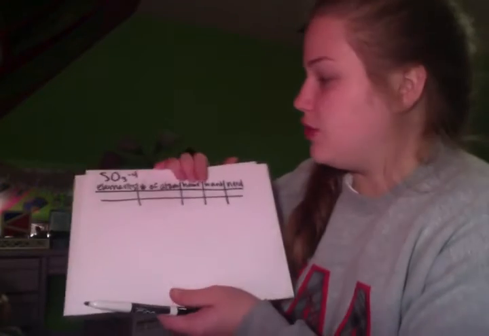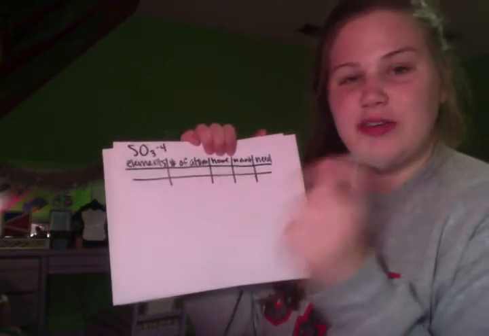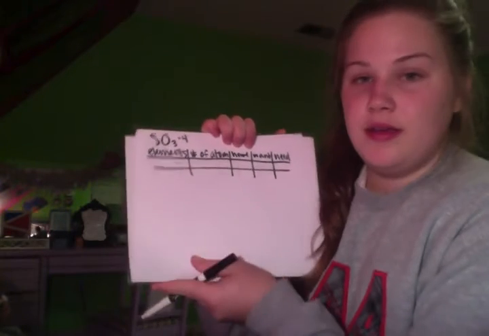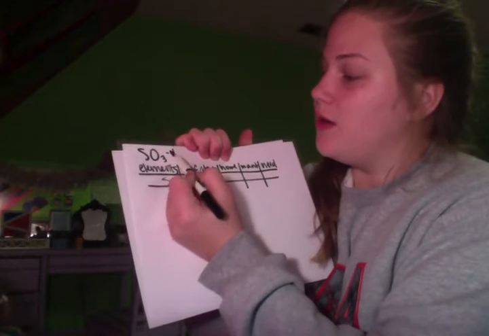Alright, and now we're going to do a negative one. And these are a little different. So first you start with the chart, S and O. I'm sorry, it's -2.